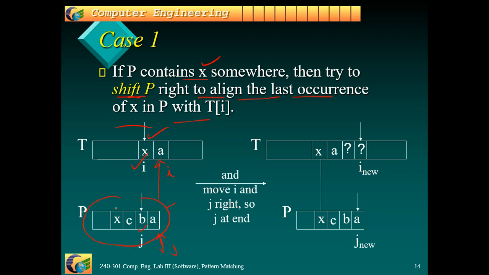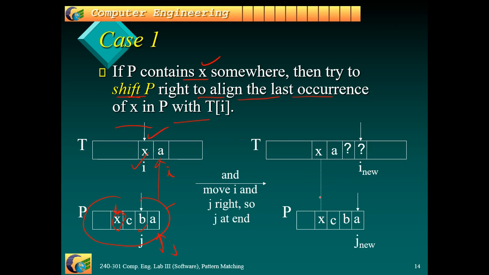The last occurrence of X in P is somewhere here, right? So you are going to align this character with this X. It means you are shifting this pattern P to the right in such a way that the last occurrence of X in P will be aligned with the X in text T. Got it?